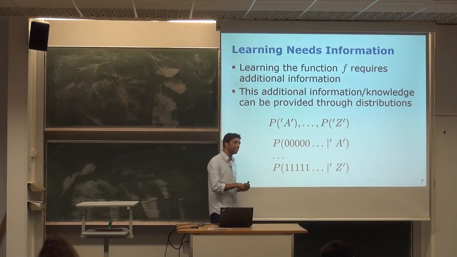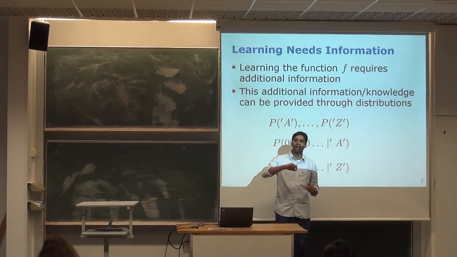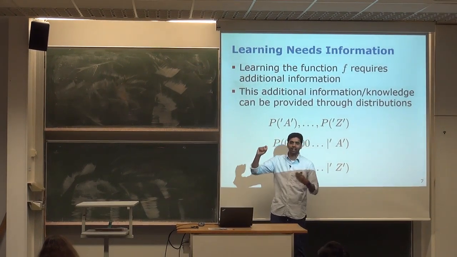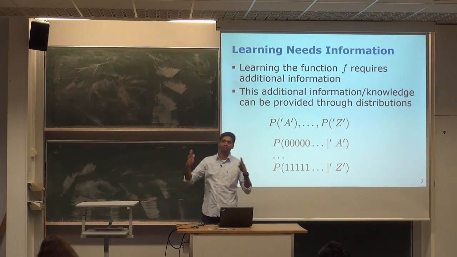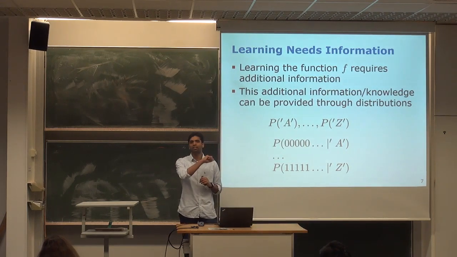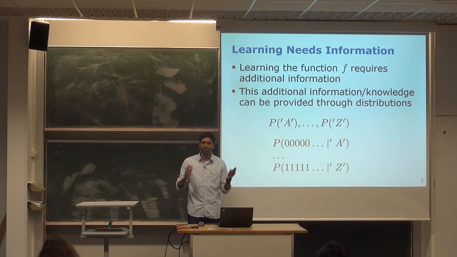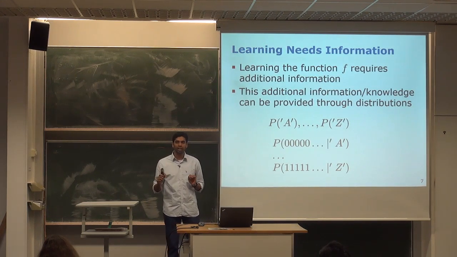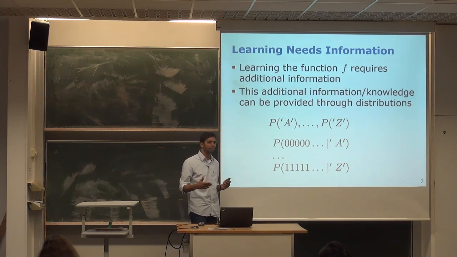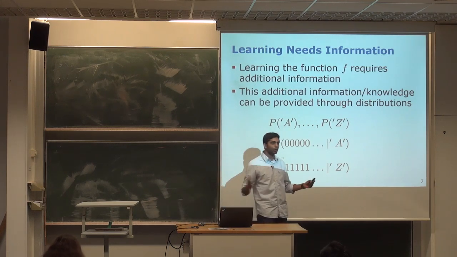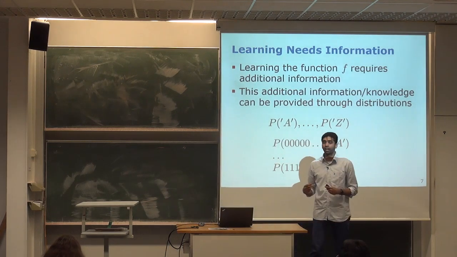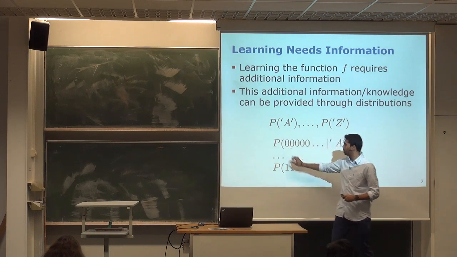So nobody says A has a slanting line from the left to the right at 30 degrees, and from right to the left at 30 degrees, and a dash in between, and so on. No rules are given, just examples. So you basically just collect lots of data and then figure out what this probability should look like.